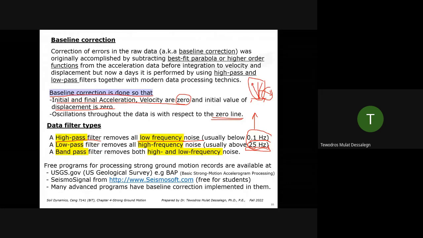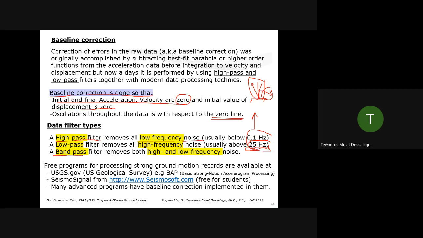Some structures don't need high frequency, 25 hertz. For some structures, 33 hertz is commonly taken as a rigid frequency. Or you may go up to 100 hertz, depending on how critical the structure is. Or you can use a band pass, which removes both high and low frequencies.